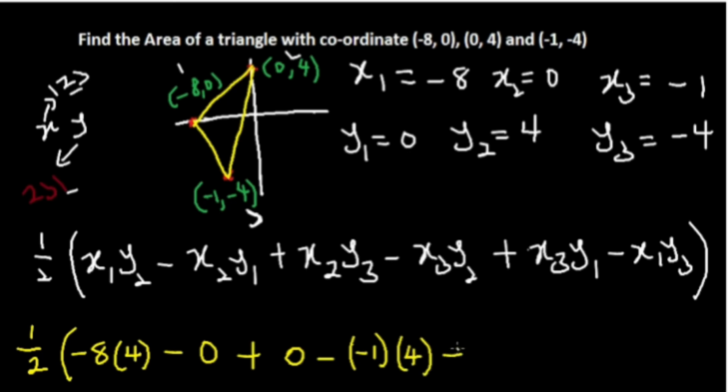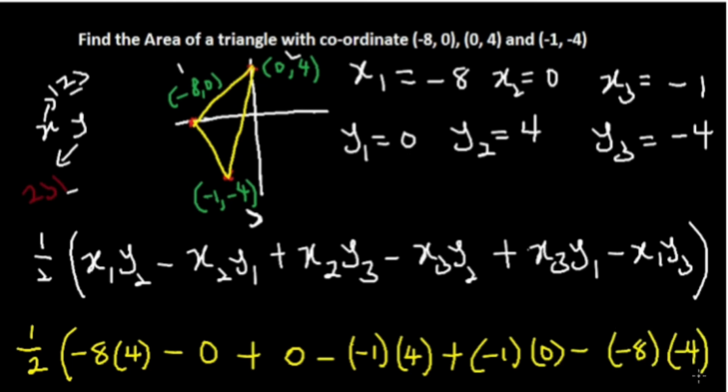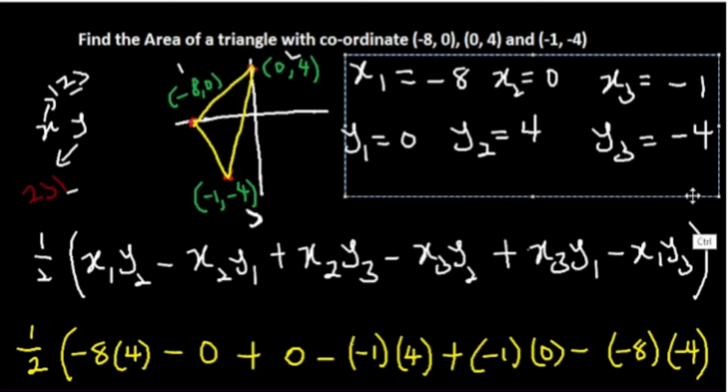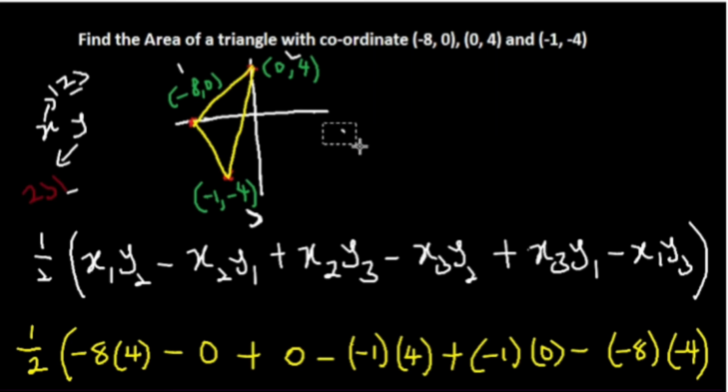Okay, plus x3 is -1, y1 is 0, so that should just be 0. Minus x1 is actually -8, then y3 is -4. Okay, it's actually very simple. Once you know the formula, it's very easy to solve. Just know that x is 1, 2, 3 and y is 2, 3, 1.